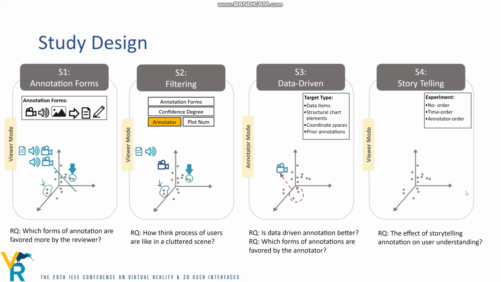So users generate annotations like in the previous study. However, they need to assign a number or an order to each generated annotation, so that in the viewer mode, these generated annotations will be shown in a specific order to tell a story.